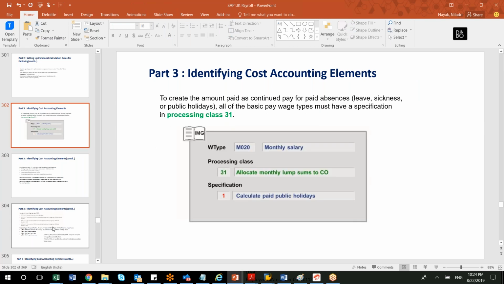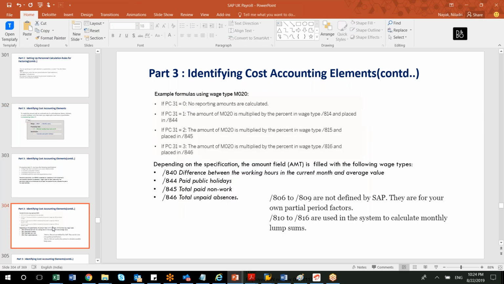If processing class 31 equals 1, then the amount you have given in M020, say the monthly wage is around 1000 GBP, will be multiplied by the percentage in wage type /814 and placed in /844.